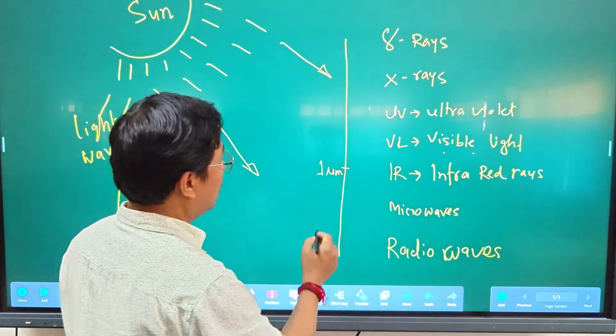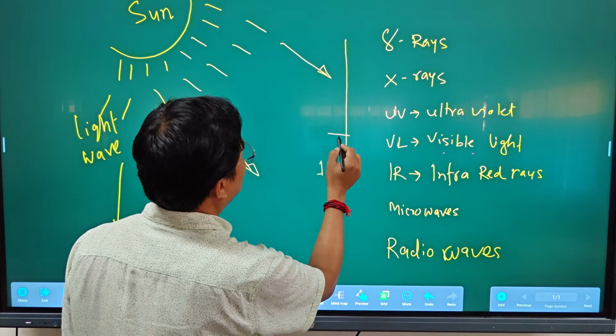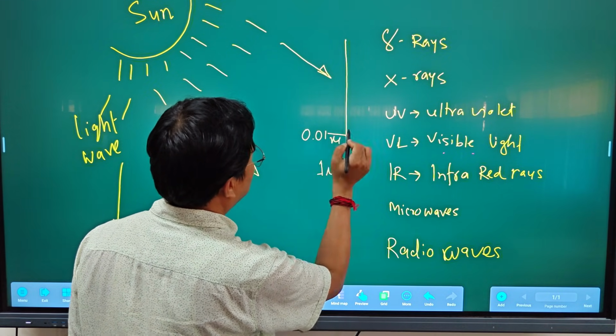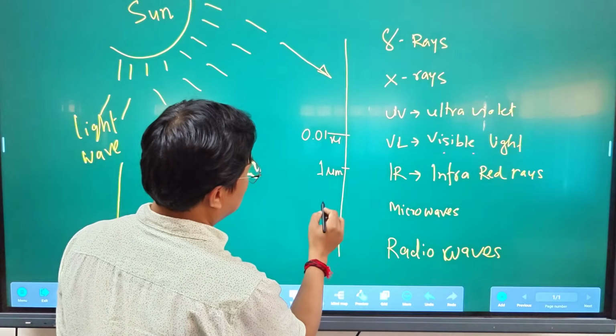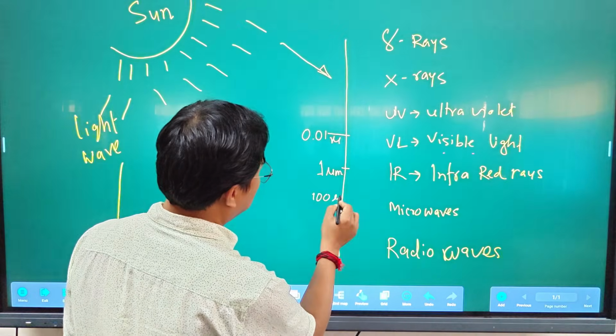micrometer or micron. Suppose this part is 0.1 micron, and suppose on the other side it is up to 100 micron.